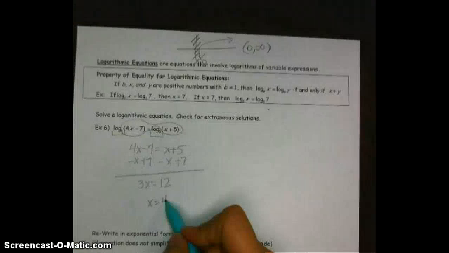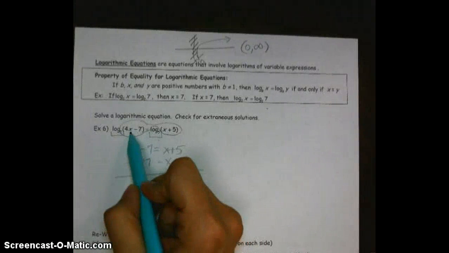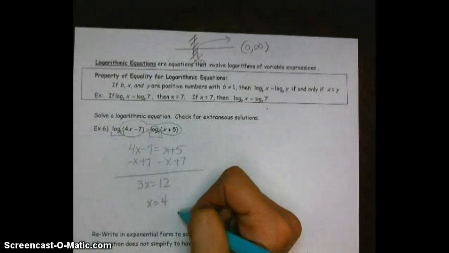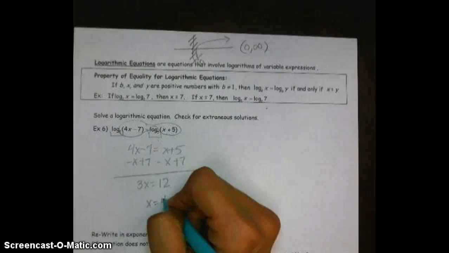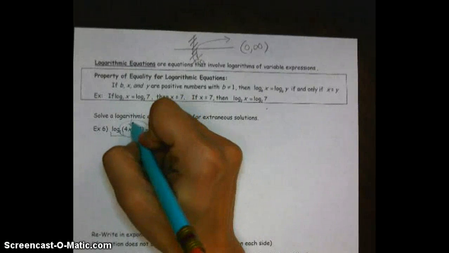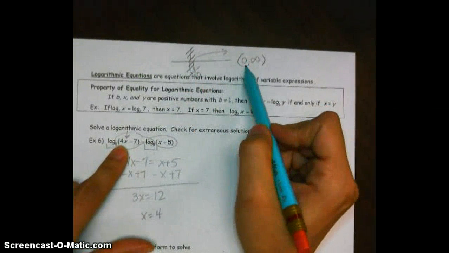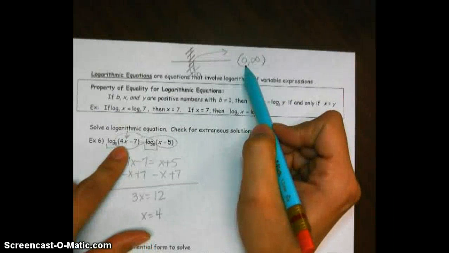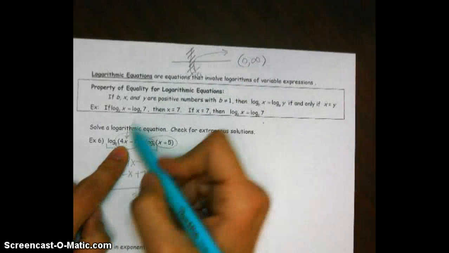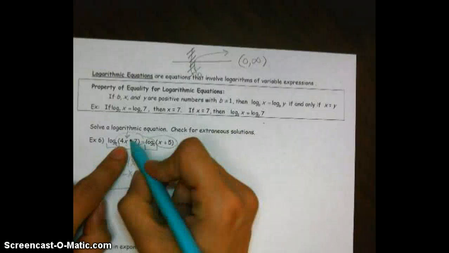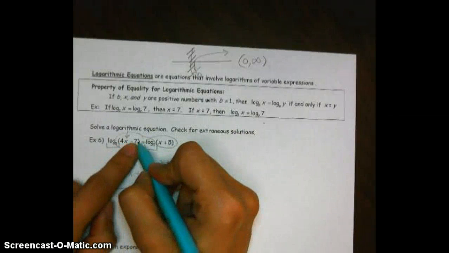So when you solve for x, and x is part of the argument of a log function, you have to check for extraneous solutions, meaning when I substitute my x value into the argument, is it going to conflict with my restricted domain? So basically what we don't want to happen is to have an argument come back as 0 or negative. So when I substitute 4 in on this side, I get 16 minus 7. So we're good there.